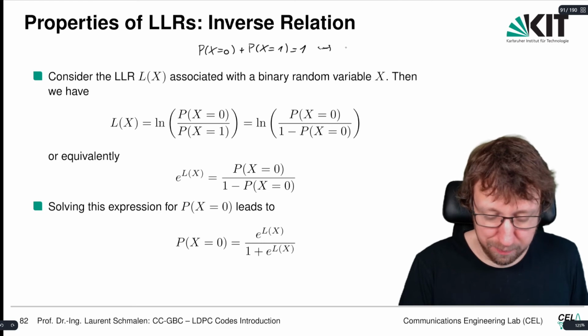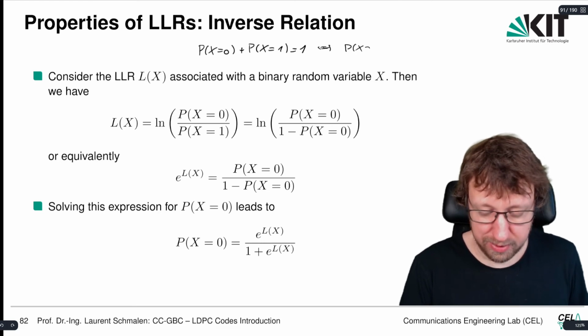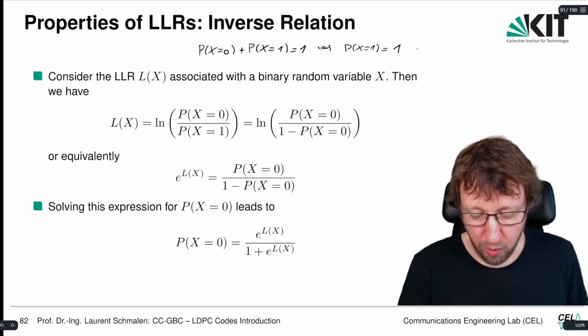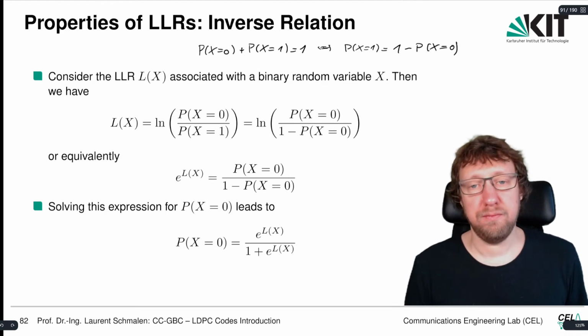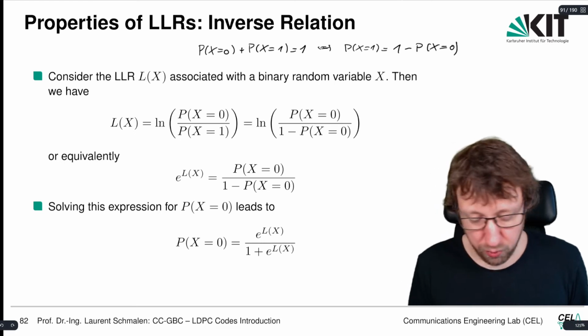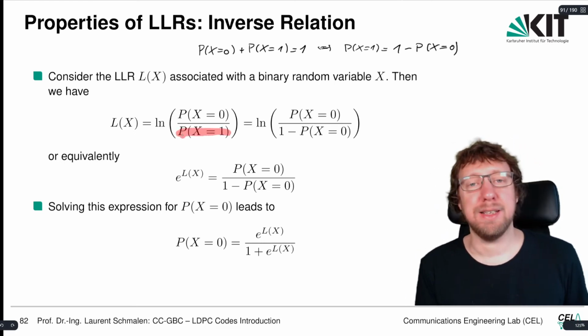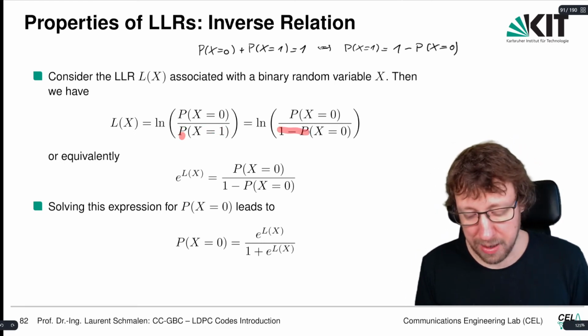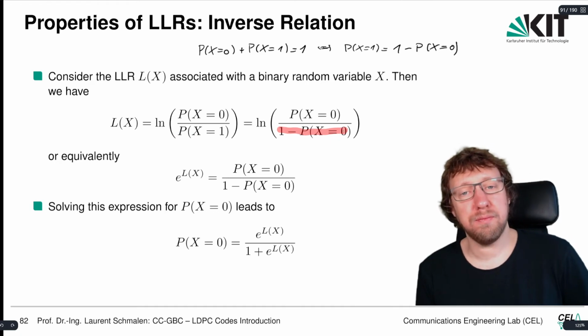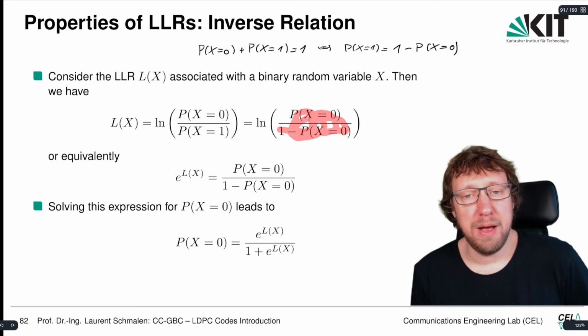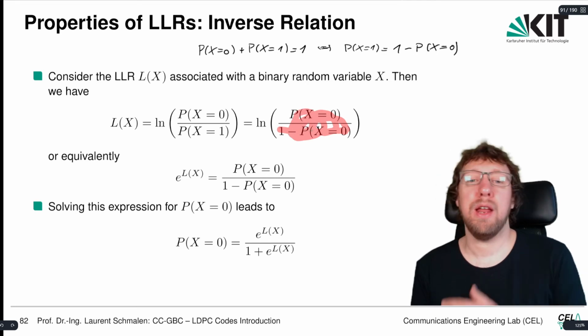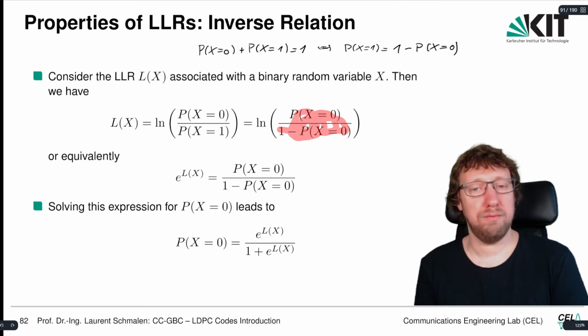So we can say that P of x equals 1 is equal to 1 minus P of x equals 0. That's what we do here. So we replace P of x equals 1 with 1 minus P of x equals 0. And now we have an equation that just depends on P of x equals 0, so we can rearrange and solve.